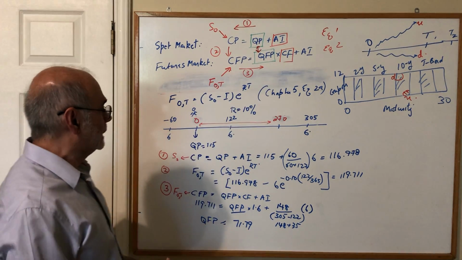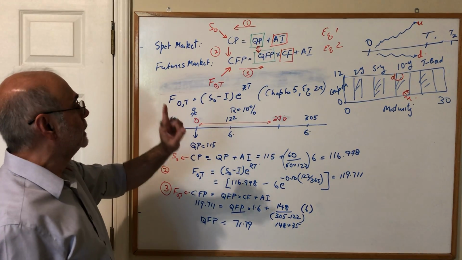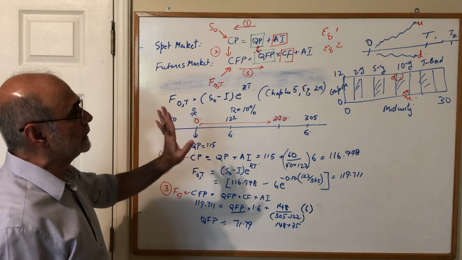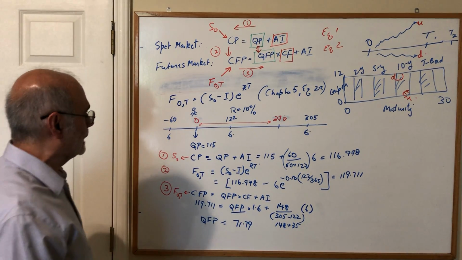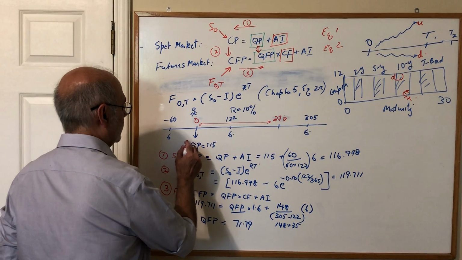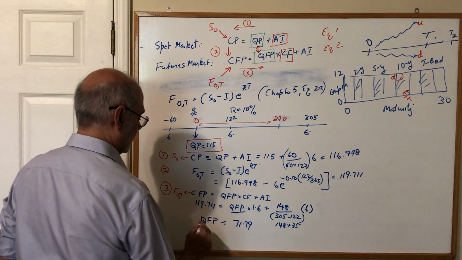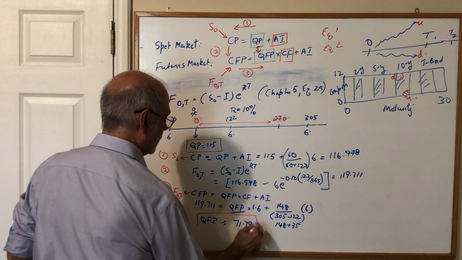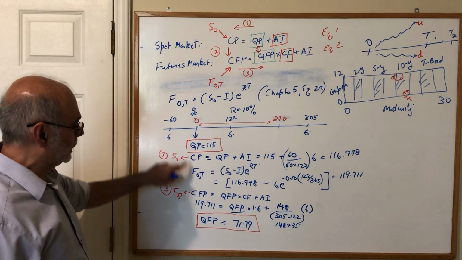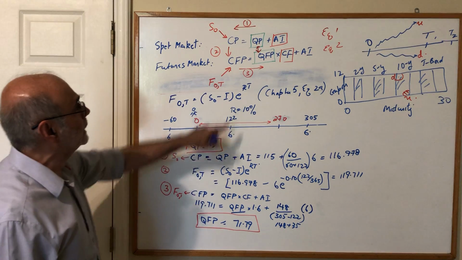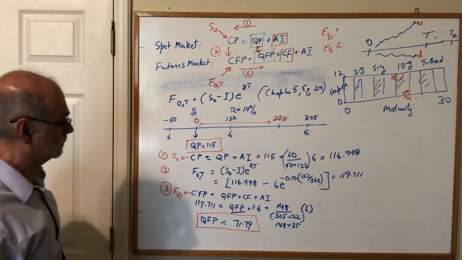So, given the cheapest to deliver bond is the 12% coupon bond, and given its quoted price, the arbitrage-free quoted futures price is that. That's the arbitrage-free relationship between these two quantities, which we wanted.